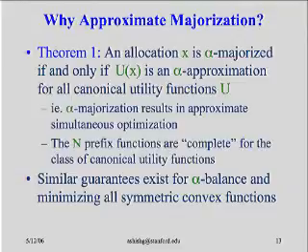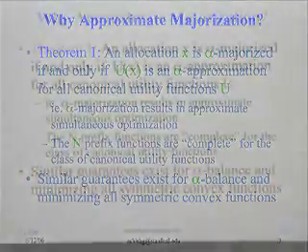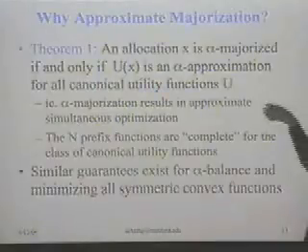So why is this useful? It's useful because of the following theorem. We can say that an allocation x is alpha majorized if and only if U of x is an alpha approximation for all canonical utility functions U. Remember, alpha majorization is defined only in terms of these n prefix functions, but the class of canonical utility functions is infinite. In fact, it's uncountable.